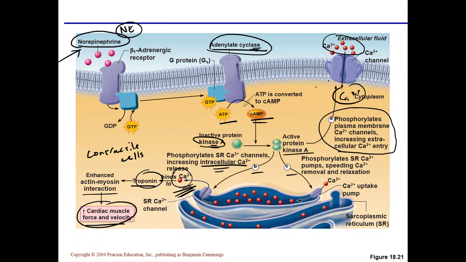You have less opening of the calcium channel. That means less calcium coming in, here too. Less calcium binding to troponin, and therefore there is less contraction. It means that stroke volume is lower at this point in time.